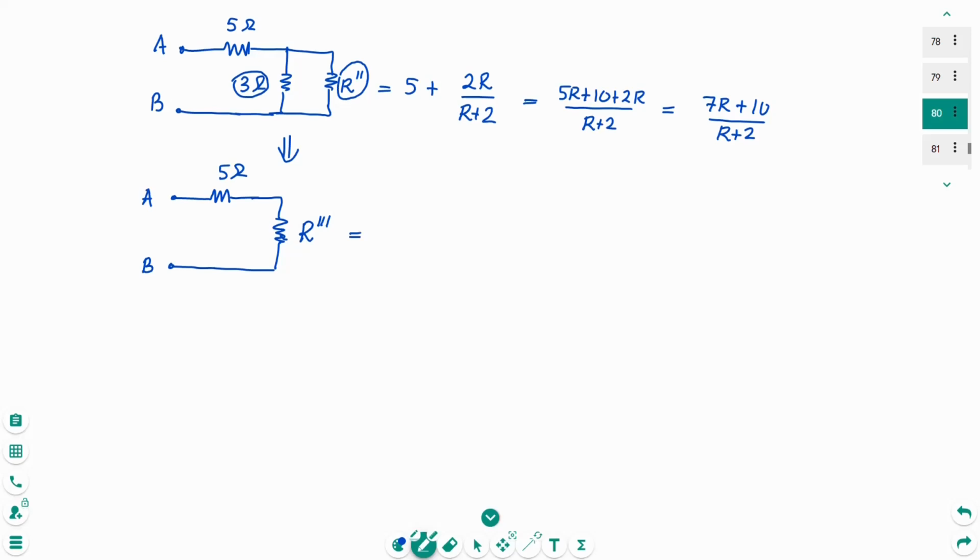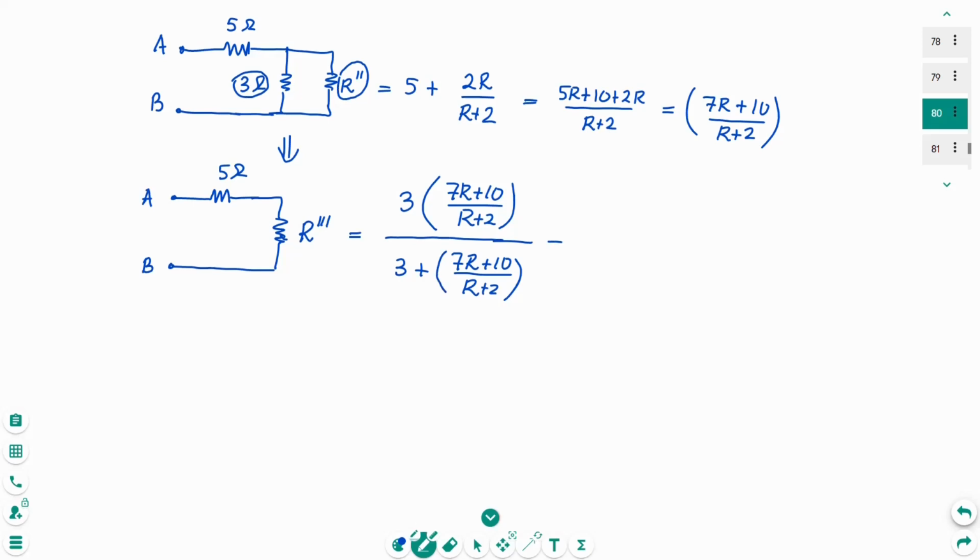So what are the two resistors? It's going to be 3 ohm and this guy over here, which is 7R plus 10 over R plus 2. So I have 3 times 7R plus 10 divided by R plus 2, and in the denominator the sum of the two, which is 3 plus 7R plus 10 divided by R plus 2. Okay, now I have to simplify this.